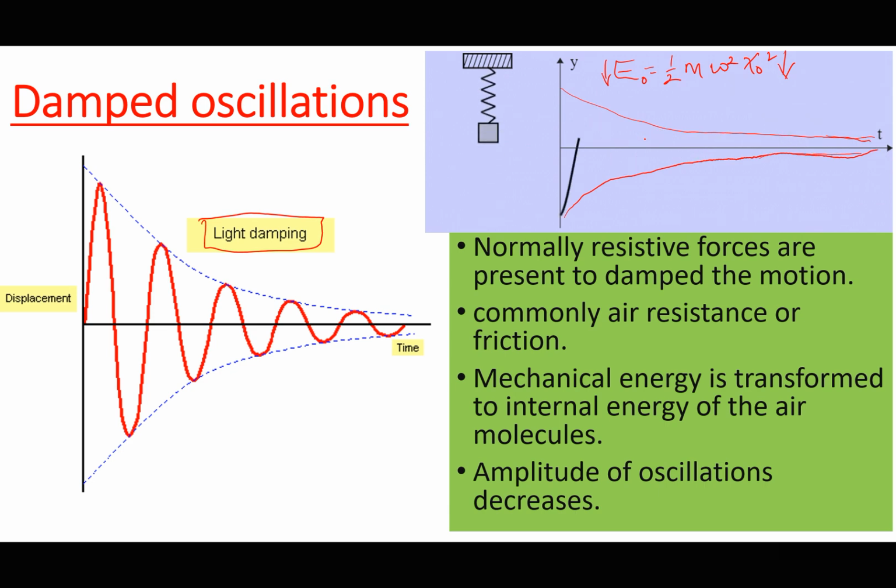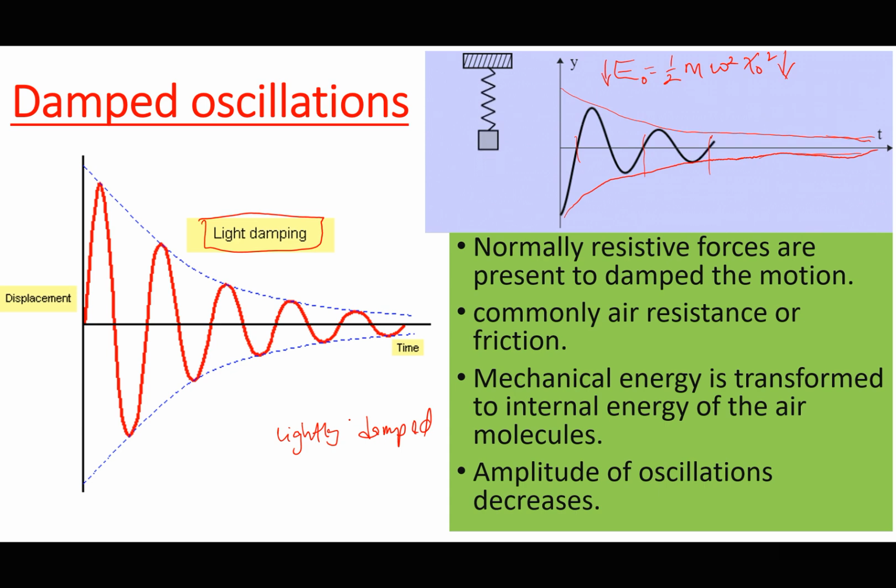The frequency or the period is not changing. So the time of one cycle is remaining the same, but the amplitude of oscillation is decreasing. If the amplitude decreases gradually, we say that the system is lightly damped. So this is called light damping.